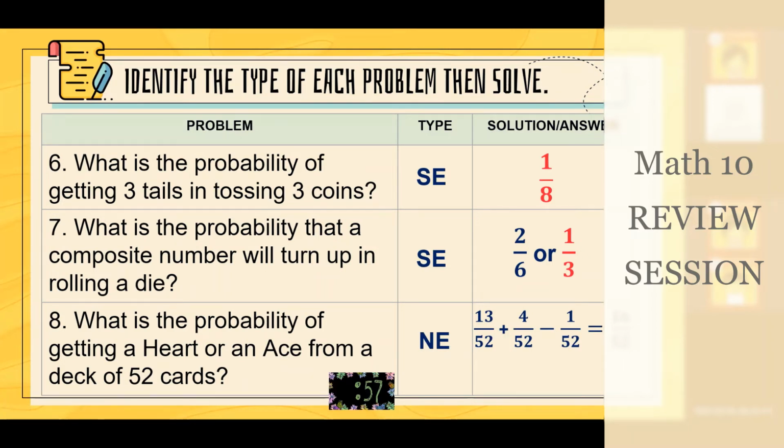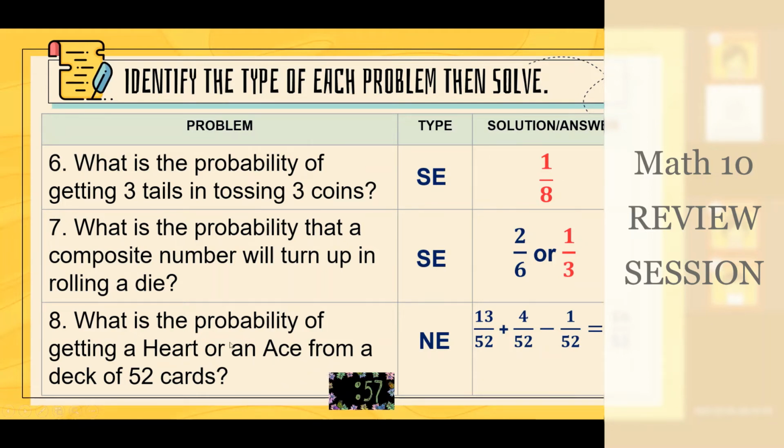Yes, so 13 hearts plus ace. There are 4 aces. Tama ba? Agree? And then, what is common? Isa lang. There is 1 card which is ace of hearts.